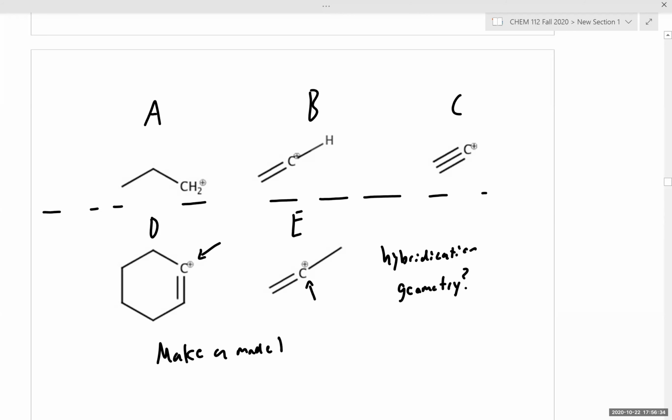For the second example, you may notice that if you try to make a model of D, you're going to have a little bit of a rough time. And you may notice something really interesting if you try to put together a model of D. So let's keep working on this example, and then we'll discuss momentarily.